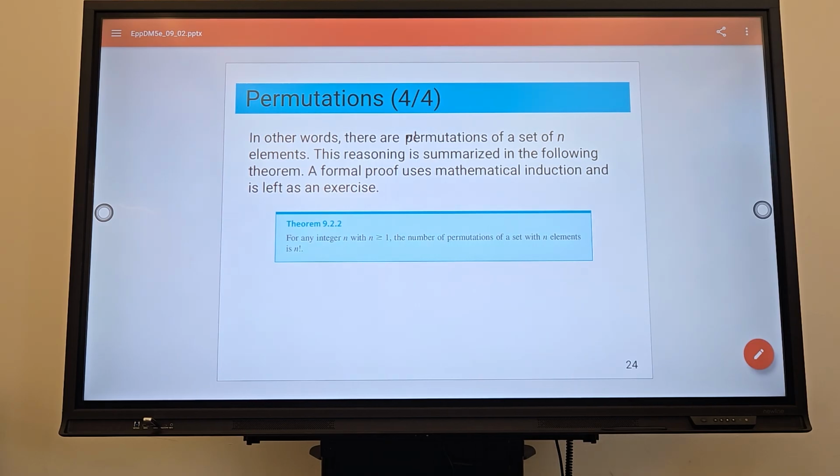There are n factorial permutations of a set of n elements. This reasoning is summarized in the following theorem. For any integer n with n greater than or equal to 1, the number of permutations of a set with n elements is n factorial.